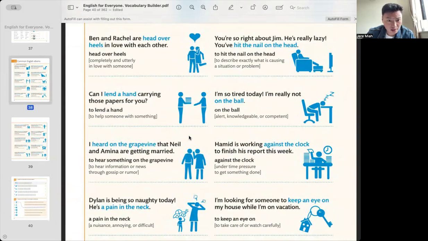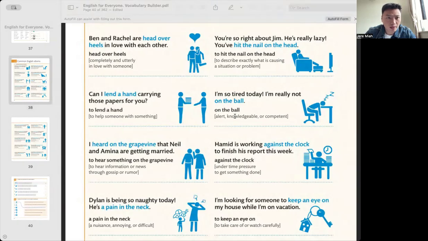Okay, so the next one was: I heard on the grapevine that Neil and Amina are getting married. To hear something on the grapevine, how do I say that? It's pronounced grapevine. To hear something on the grapevine means to hear a rumor or unofficial news.